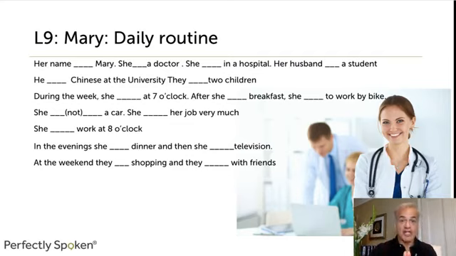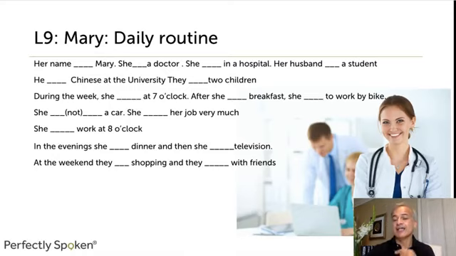Now, important, because this time it's not about me, it's about Mary. So Mary, third person singular: he, she, it. Every day, normally. I go, she goes. I work, she works.